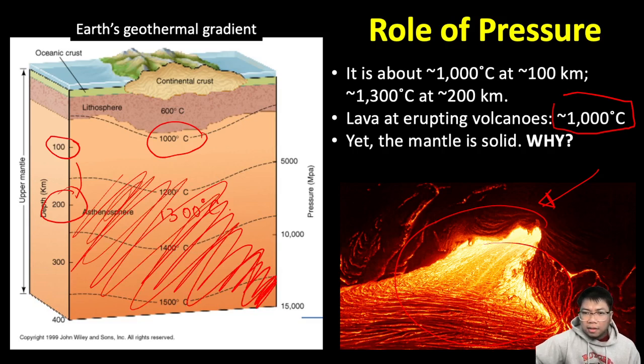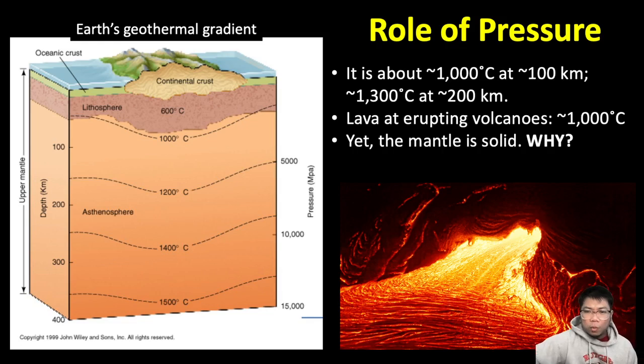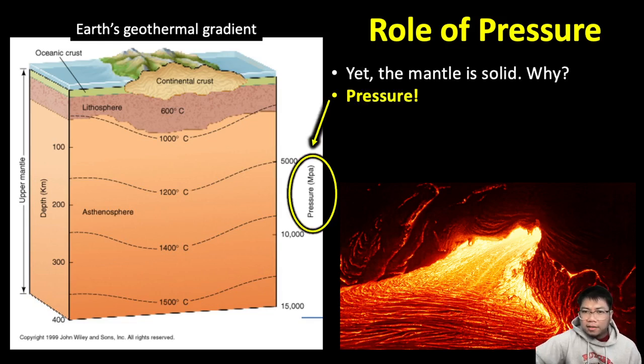So here, at 1,000 degrees Celsius, we already have molten rocks on the surface, but here at 1,300 degrees Celsius, we still have some solid mantle. Why? The answer for that is pressure.